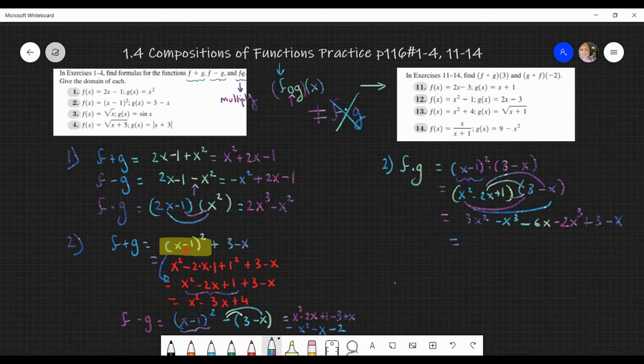Now I rearrange, combine like terms. Those are the cubic terms. So that would be negative 3x cubed. I only have one x squared term, minus 7x plus 3. So we multiply them. Number 3 and 4 are pretty simple.